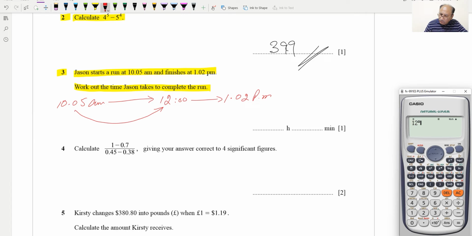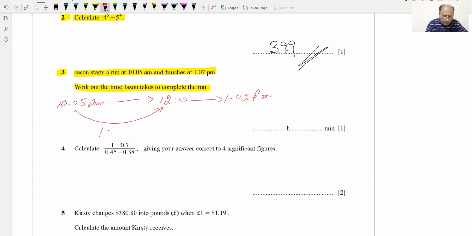We can type 12, then the time button, minus 10 hours and 05 minutes, and this will give us 1 hour and 55 minutes.